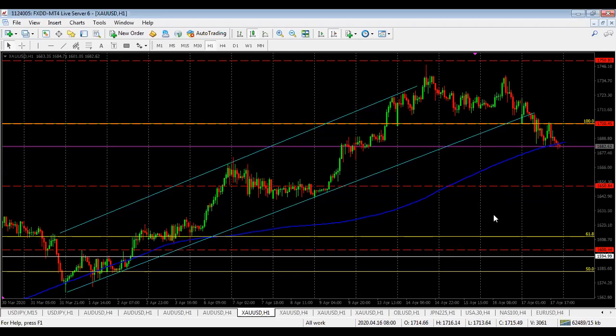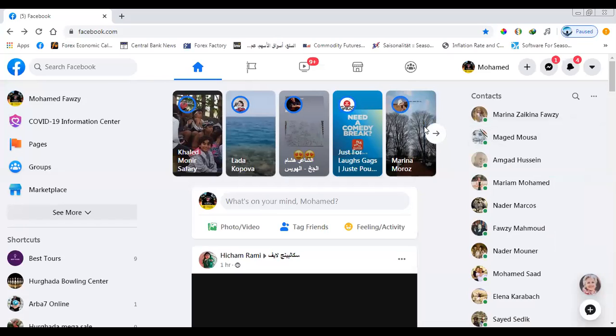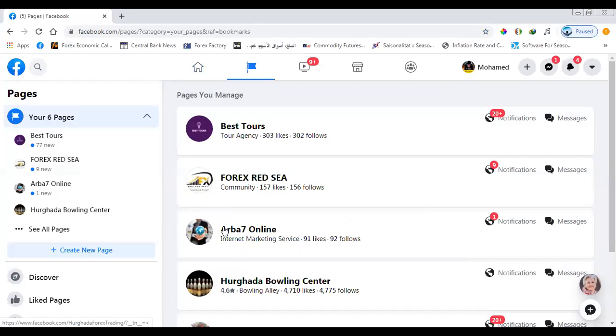I was writing on my group on Facebook that I was expecting the gold to visit 1,650, meaning this. So I expect the gold to visit 1,650. I think sooner or later it will visit these levels. I think I put it on our page.